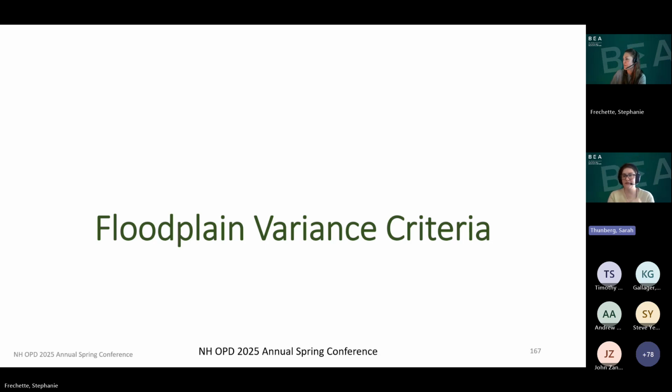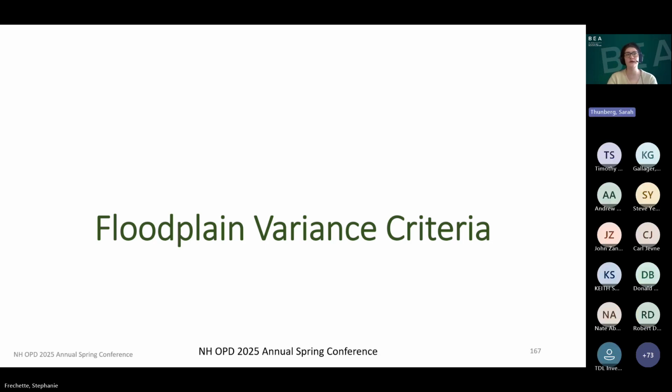Alrighty. So I know we've been talking about variances a lot today, so some of this might be repeating what you've already heard, but we're trying to talk about this from a floodplain variance perspective because floodplains come with inherent risk.